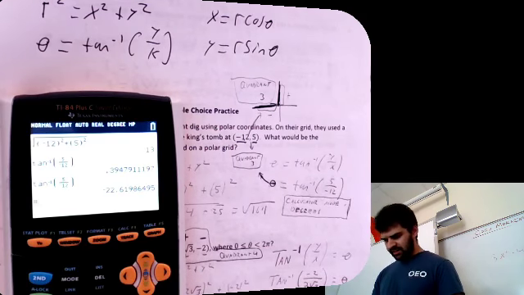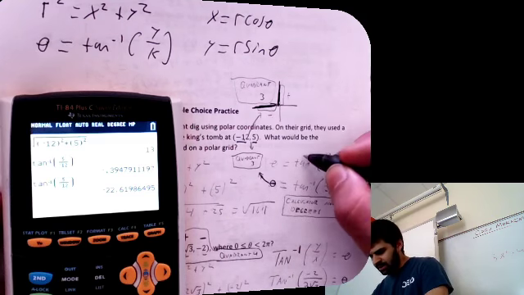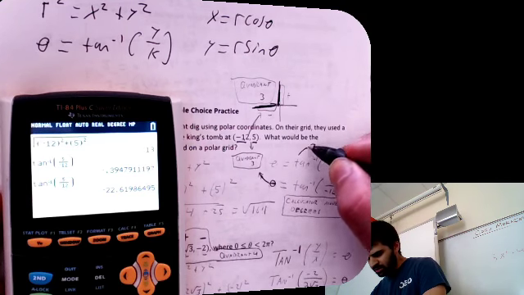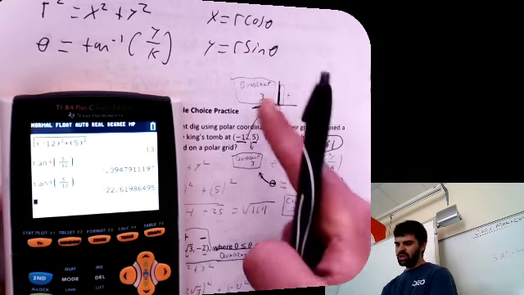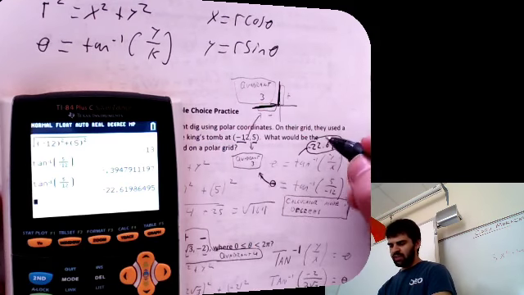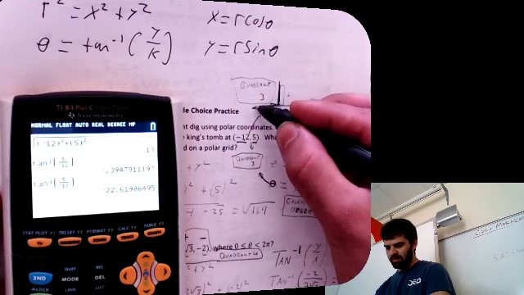That's going to be negative 22.61. So our calculator output here is negative 22.61 degrees. But because we know it's in the second quadrant, that's going to be subtracting from 180.